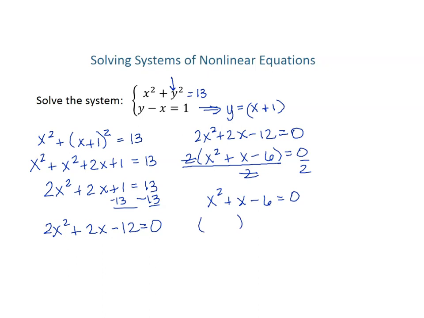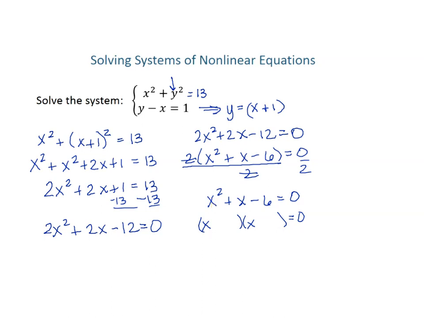All right, and this is going to be quick factoring. So I'll put an x here and an x here. And I need 2 numbers that will multiply to be negative 6, but add to be positive 1. And those 2 numbers would be, got them?